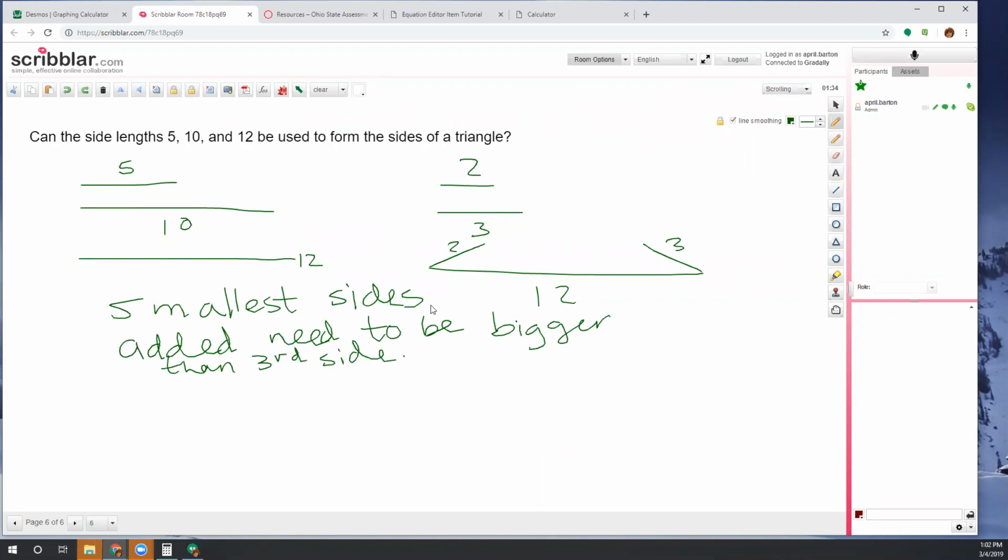So on the one with the 2 and the 3, if you did 2 plus 3, that's only 5. And when you compare it to the third side, 12, 5 is smaller than 12, and it needs to be bigger.